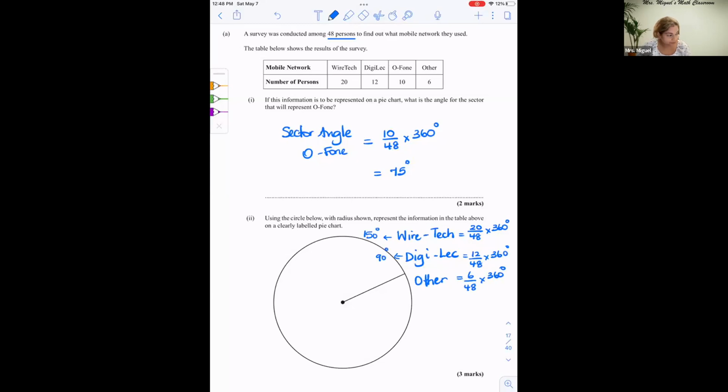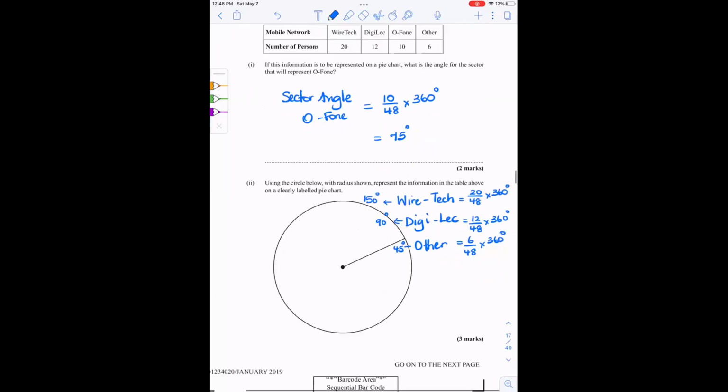And for other, we are looking at 45 degrees. Did you all get that? Yes, ma'am. Right, let's go.